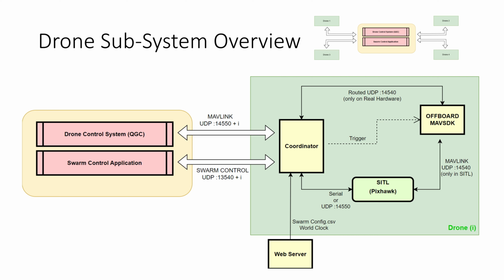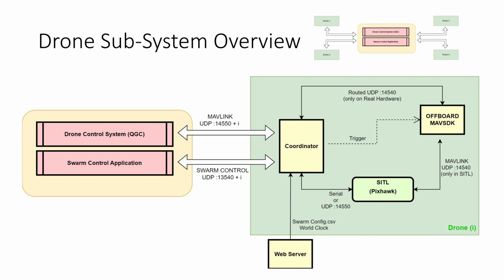Inside each drone, we have several communications happening. First of all, we have the conventional mavlink out and mavlink in. The ground control station can connect to the drone using a UDP port, port 14550 plus I. This I is the drone ID.